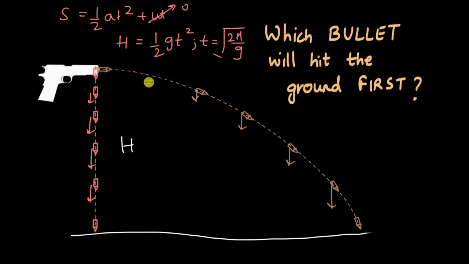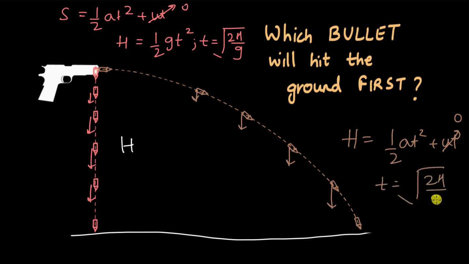Now if we try to figure out the time that the brown bullet takes to reach the ground, we only really need to look at the y component. Initial vertical velocity is 0. So just like this, it's 0, and it falls through the same height. So h is again equal to half at square plus ut, and this is 0 because there is no vertical component of velocity when it is just fired horizontally. There is only a horizontal component. So again t is equal to the square root of 2h divided by g.